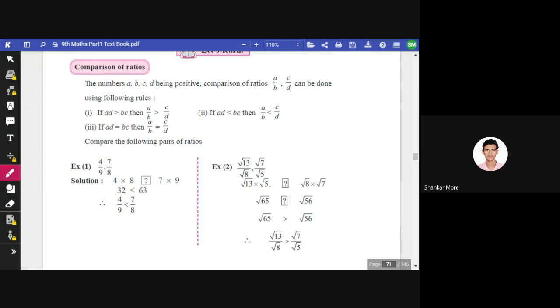Comparison of ratios A by B and C by D can be done using the following rules. If AD is greater than BC, then A by B is greater than C by D. If AD is smaller than BC, then A by B is smaller than C by D. And if AD is equal to BC, then A by B is equal to C by D.